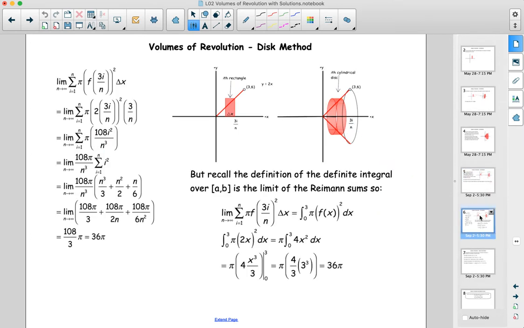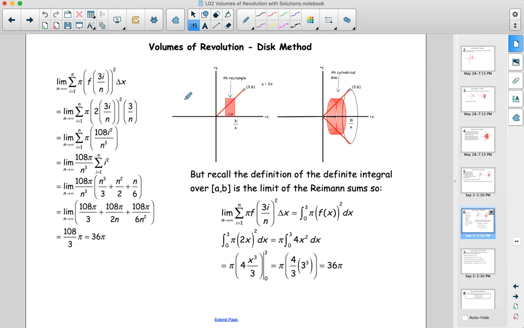All right, so plugging in, we would be looking at the limit as n goes to infinity of the sum from i equals 1 to n of pi times r. And r we've just established was going to be f at 3i over n. So f at 3i over n all squared, times the height, of course, being delta x.